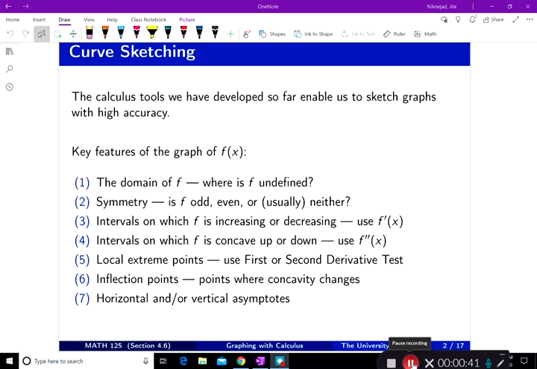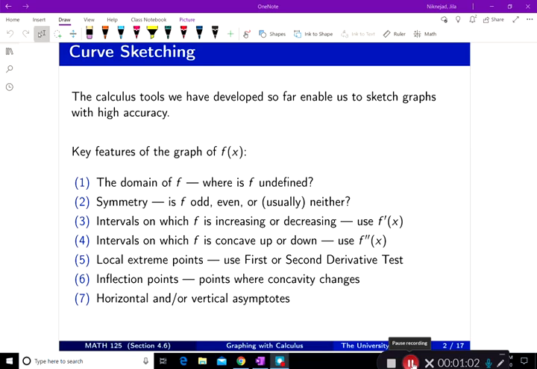Number one, the domain of f. Where is f undefined? Where am I supposed to sketch the graph of f? And then you want to find the symmetry if there is any, if f is odd or even, usually neither of them.